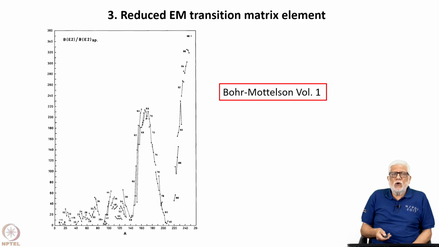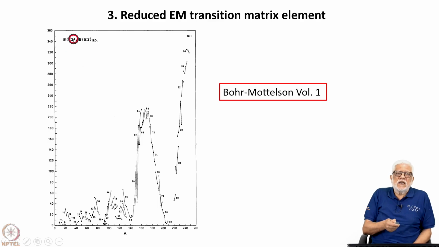Similarly, there is something called the reduced electromagnetic transition matrix element. This is the BE2. We will come to that in the subsequent lecture. The reduced transition matrix element, the BE2 for instance, if you compare it to the single particle BE2, is enhanced in the rare earth and in the actinide region by a couple of orders of magnitude.